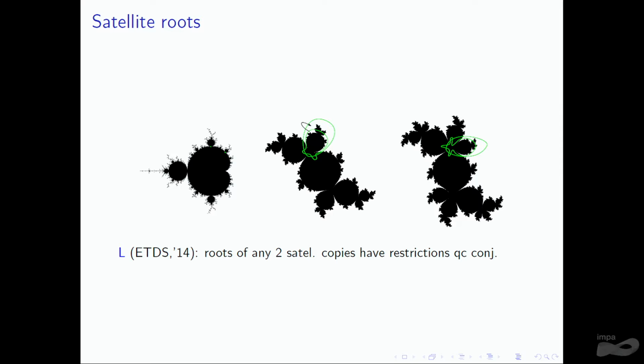And this feeling became stronger when I did my PhD thesis, because in my PhD thesis I was dealing with the satellite roots. What you can realize is that if you look at the root of the period 3 component, you see this picture.